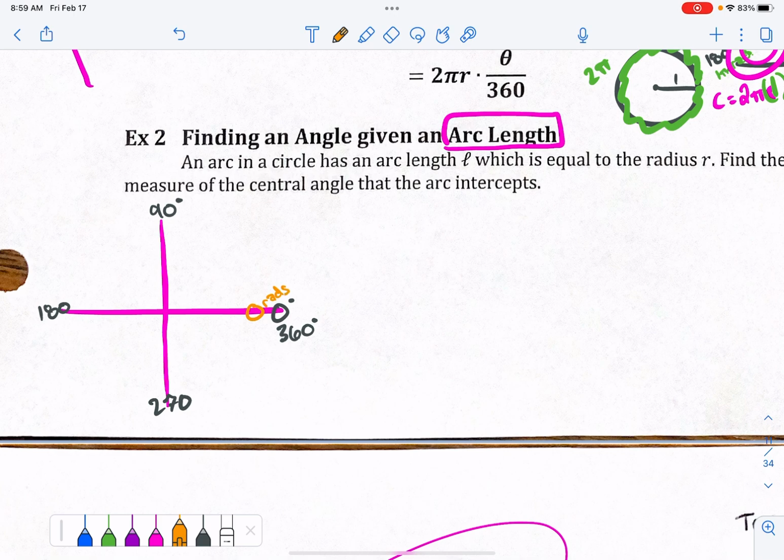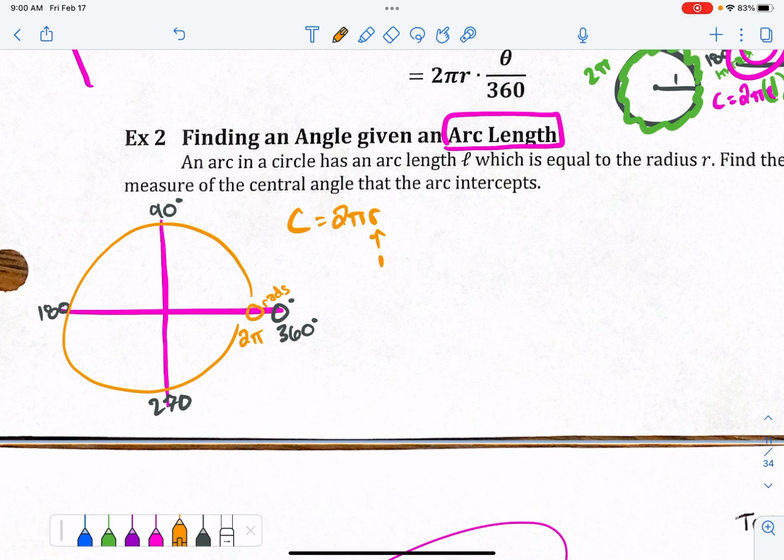But then we said if we went a full circle around and we talk about circumference, that would be 2 pi, because circumference is 2 times pi times r, and if we assume the radius is 1, it would just be 2 pi. So really think of it as 0 degrees is 0 radians, but 2 pi is equivalent to 360 degrees. Okay, so 2 pi radians is 360 degrees.